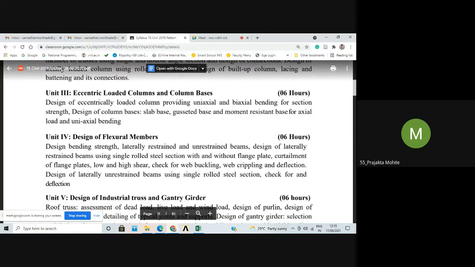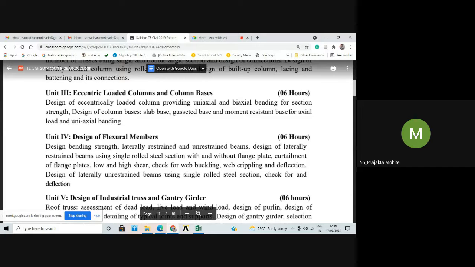Curtailment means the bending moment distribution is not uniform throughout the span. It will be maximum at the center and minimum or zero at the supports for a simply supported beam. So to achieve economy, we reduce the thickness of the flange plates.